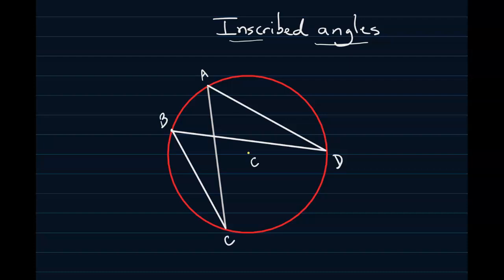Now, AD, any line that you see that goes from one side of the circumference of the circle to another part of the circle, we call that a chord in a circle. Any straight line that connects two parts of the circumference of the circle, we call that a chord.